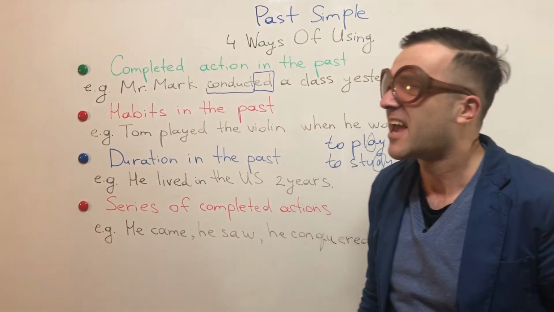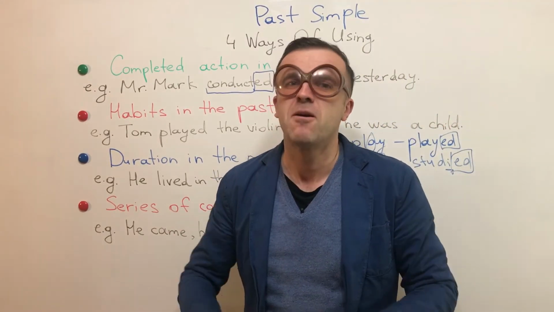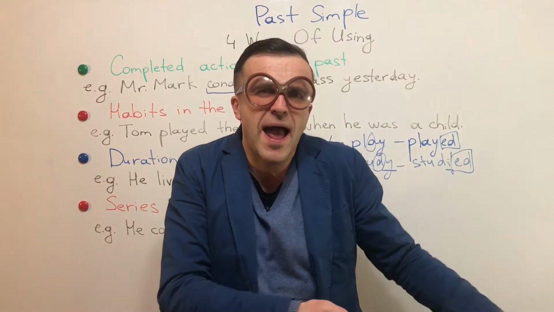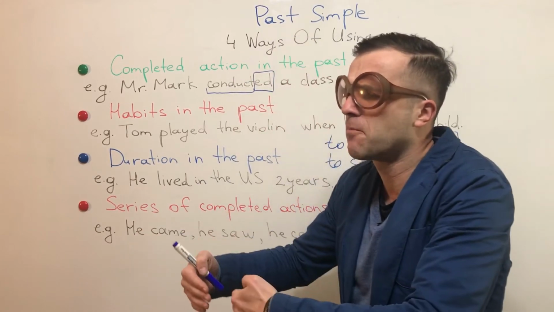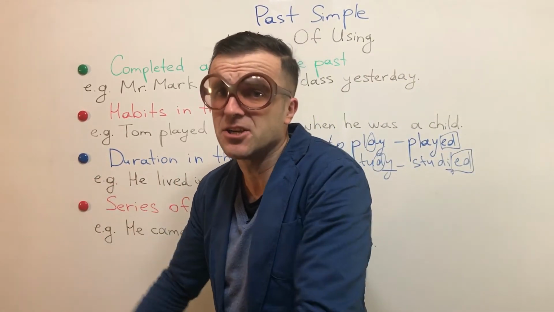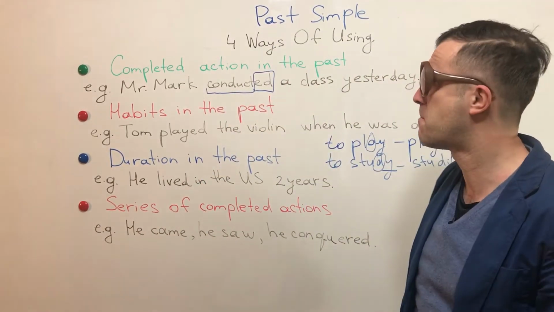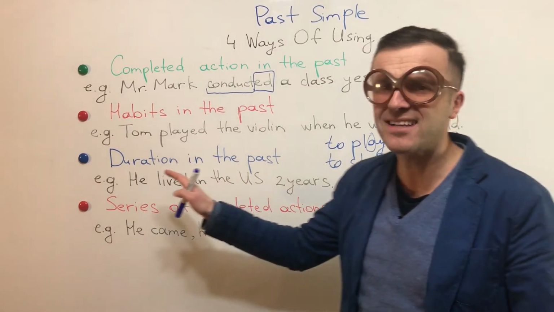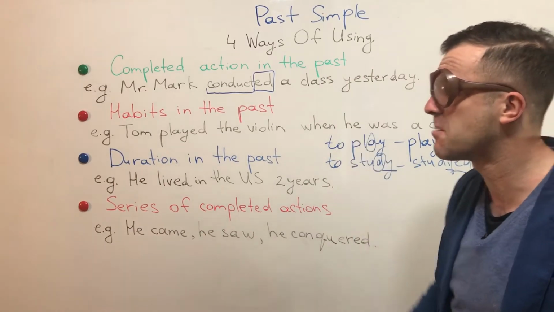Let's make up one more example. He played football when he was a student. So he played football on a regular basis when he studied at university. So, habits in the past. You got it.